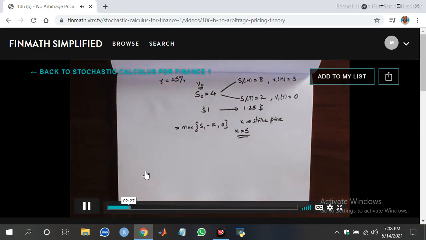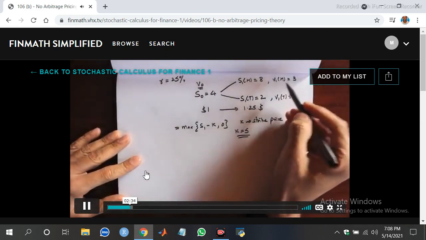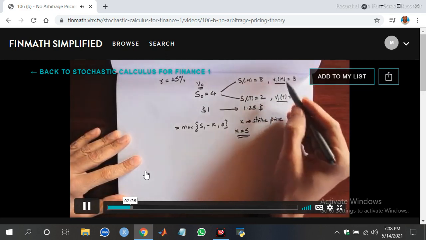Now, many years back, I remember the first time I saw this problem, I thought the approach should be that we know what the value of the call option is in these two states.